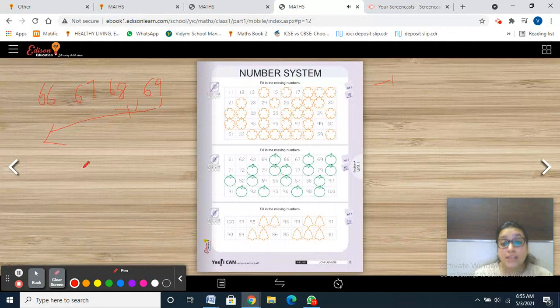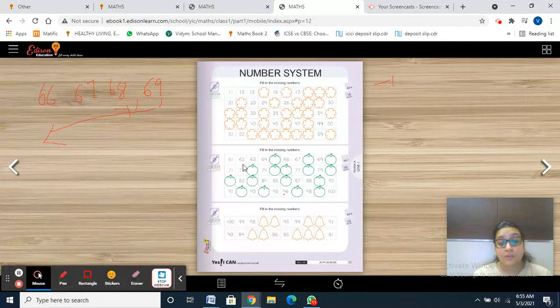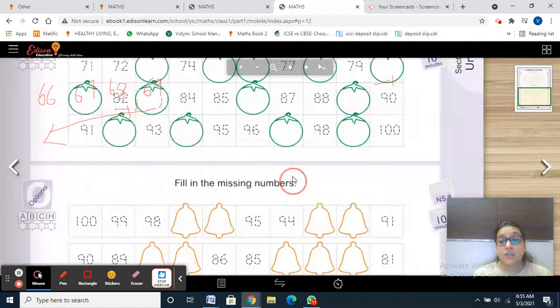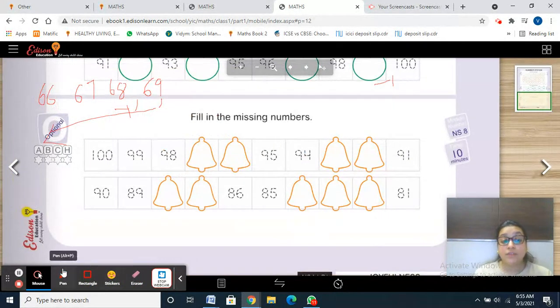So you can see here on page number 12, we have done this module and we have completed it very nicely. So in module 8 on page number 12, we are just revising it. 100 minus 1, 99. 99 minus 1, 98. 98 minus 1, 97.